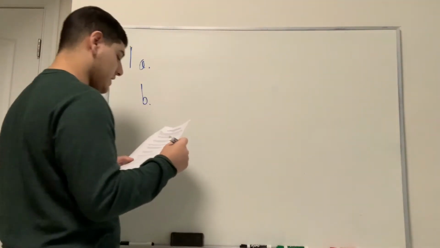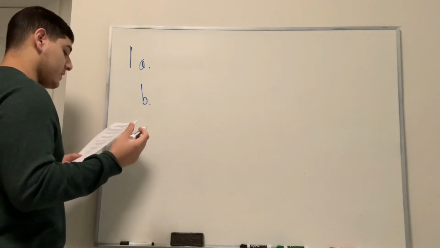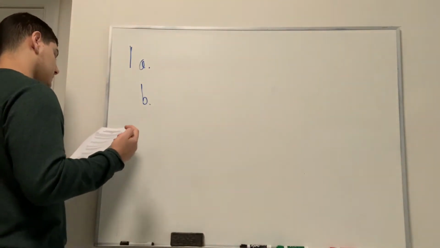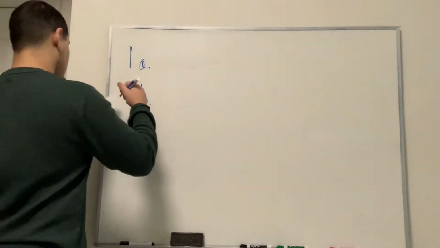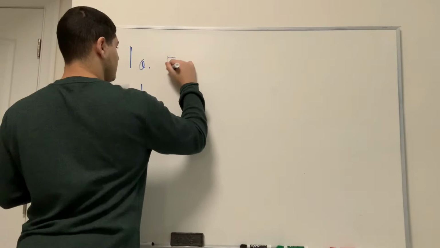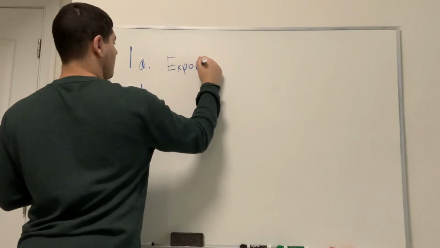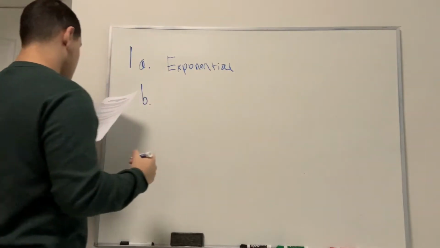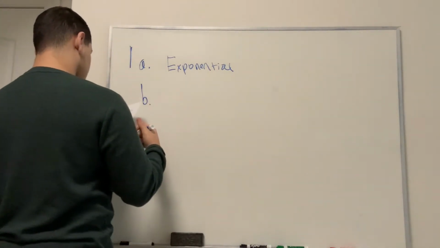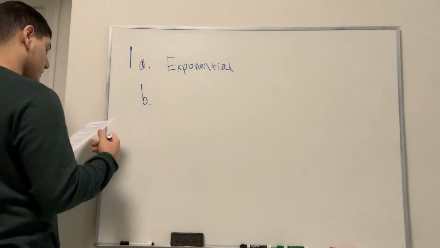Right, so what type of function can best model the population of squirrels recorded over a period of time, assuming the same growth rate and no squirrels die? What function? Exponential. Write a function that describes the population recorded over X number of years.